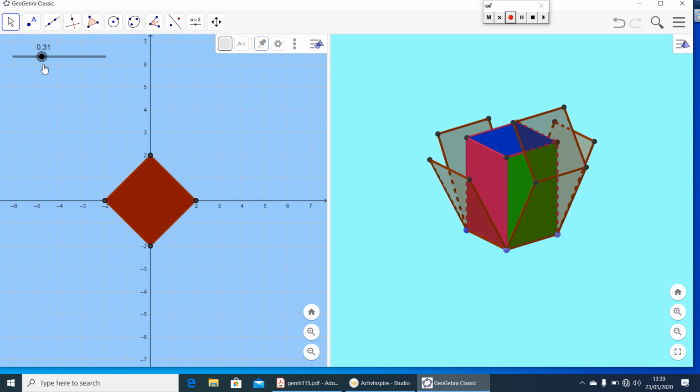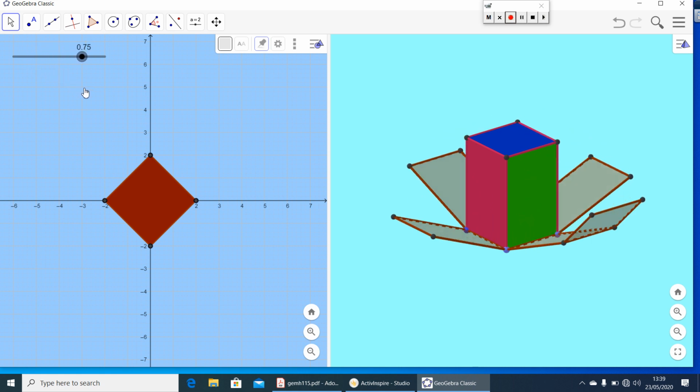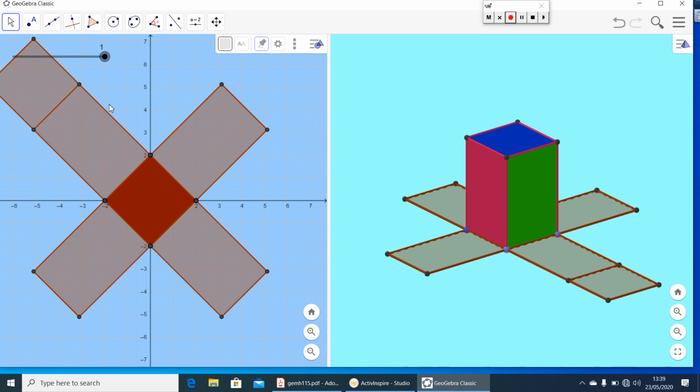Now you can see the net of this cuboid. If you fold it back, you will get a cuboid.